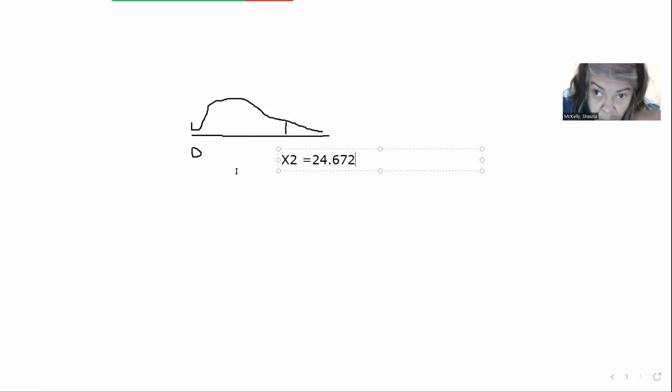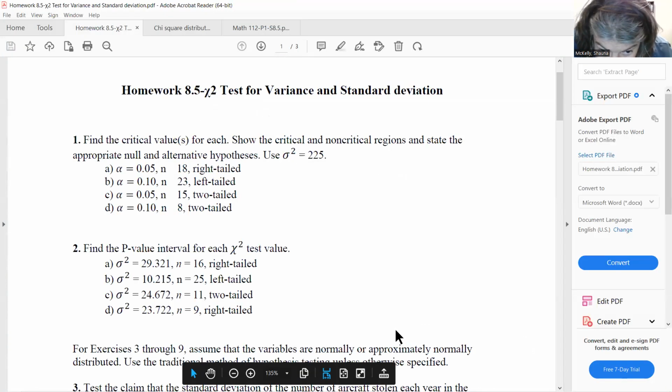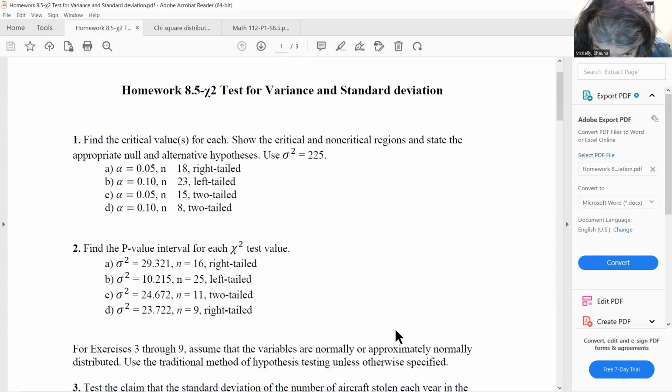Now, what else do we know? Well, I want to know what the p-value is, right? So here, n is 11, and I have a 2. So here, this is what we've got.